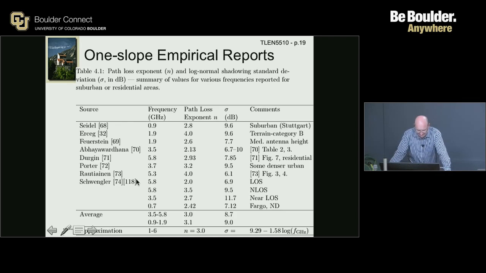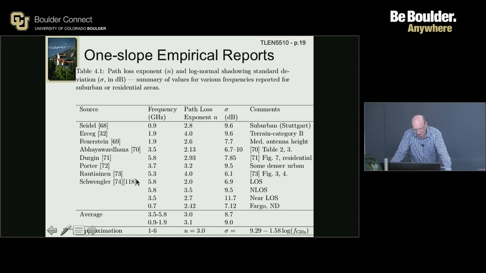And I've seen that things seem to be sort of consistent, and I shouldn't even have separated them, right? Because there's not that much difference between 3.0 and 3.1. So on average, if you do all those, the path loss exponent seems to be around 3.